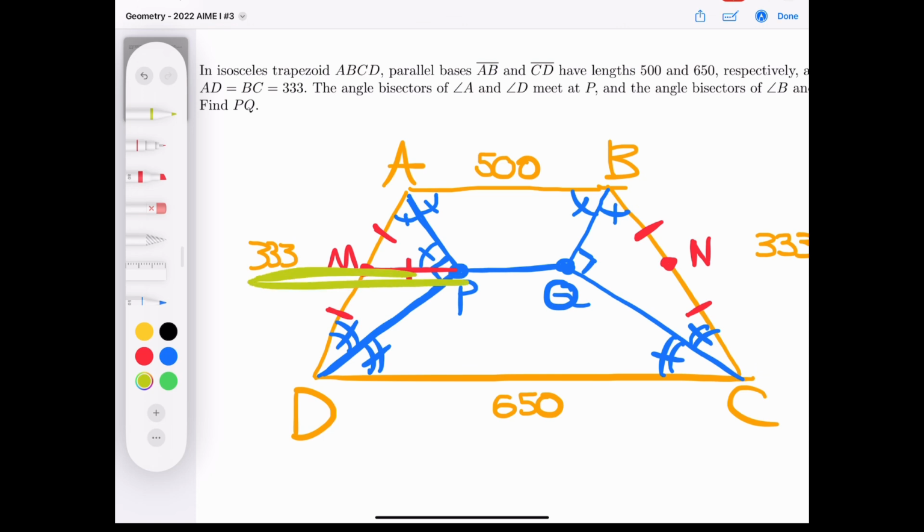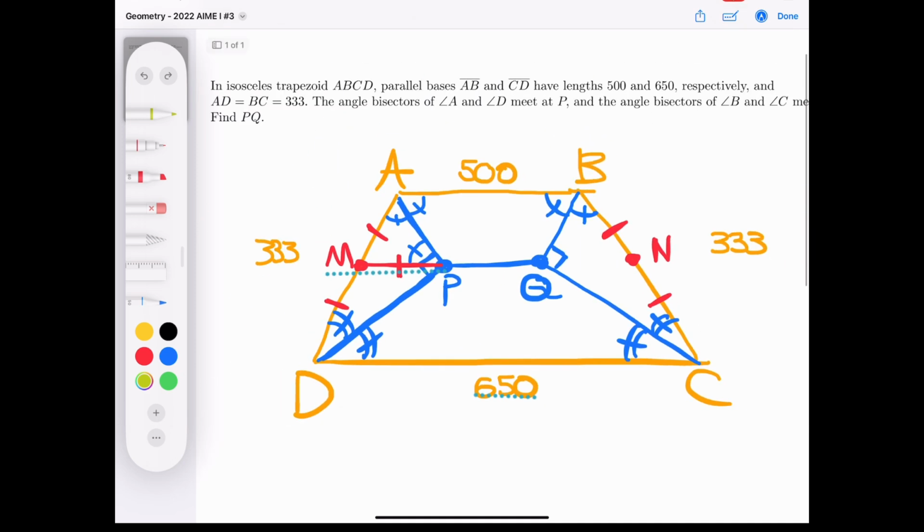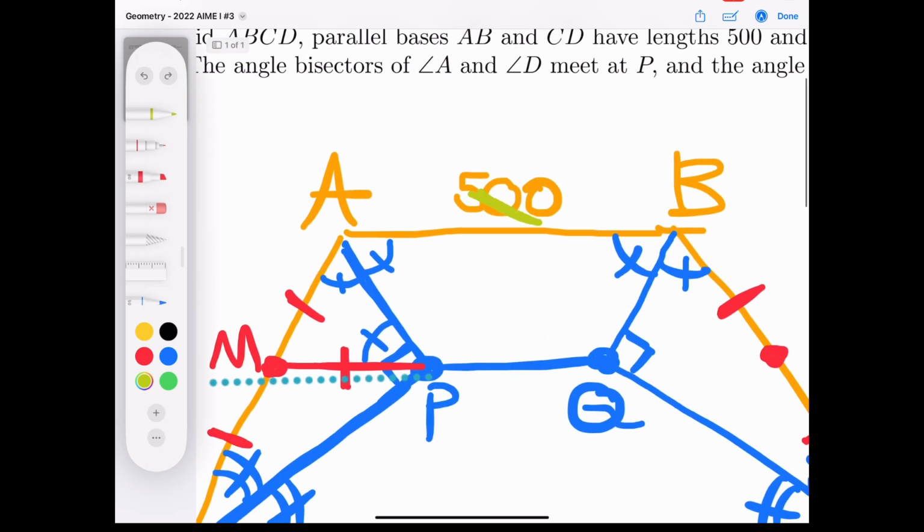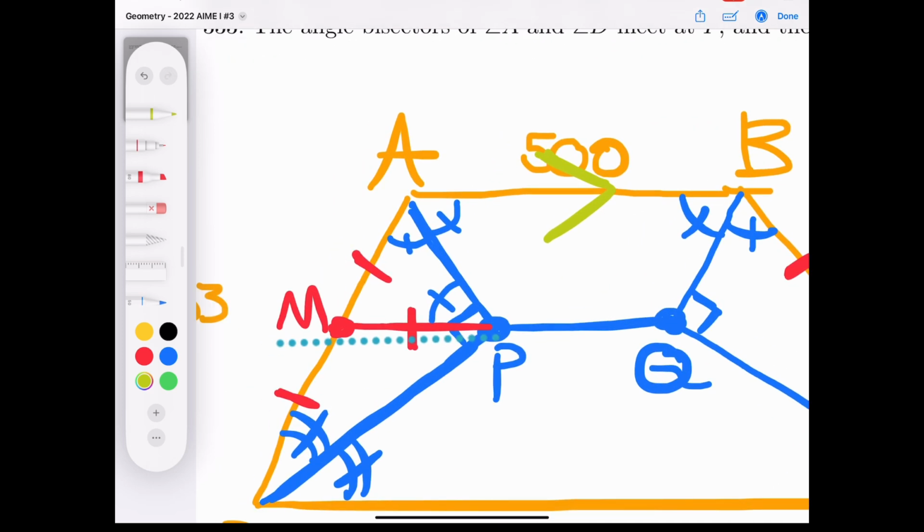We have MPA, and we also have PAB. Given those alternate interior angles, it will follow that MP and AB are in fact parallel.